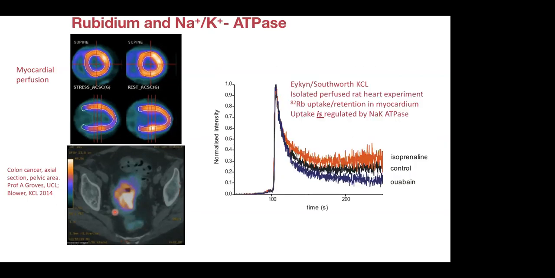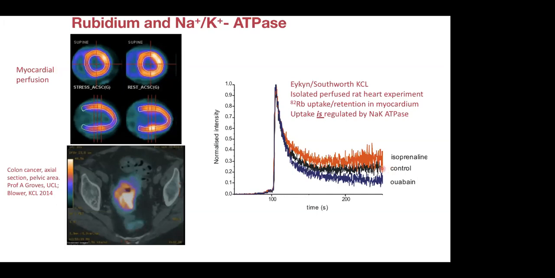How do we know it's a substrate for the sodium-potassium ATPase? Well, colleagues Rick Southworth and Tom Eakin have performed isolated perfused rat heart experiments to measure the radioactivity of the myocardium after rubidium-82 is allowed to flow through the arteries.